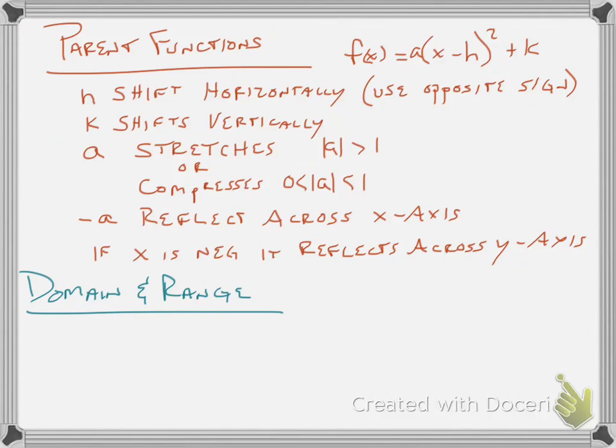For domain and range, you need to know the domain and range of all the parent functions, and it will definitely help, so study those from the foldable. The domain is the x values of the graph, the range is the y values of the graph.